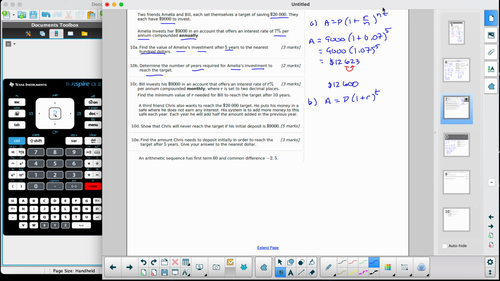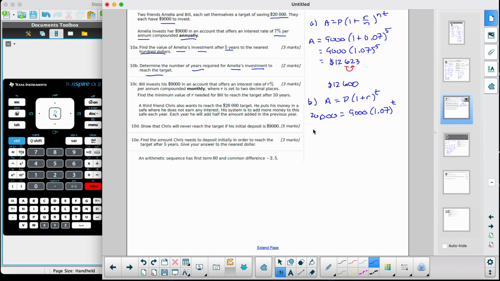Because we know that N is 1, I'm just going to put T. So she needs 20,000 is equal to 9,000 times 1 plus 0.07. I'm going to immediately write that as 1.07 just to save some time, to the T power. They're asking how long, so it's how many years, right? So we're solving for T.